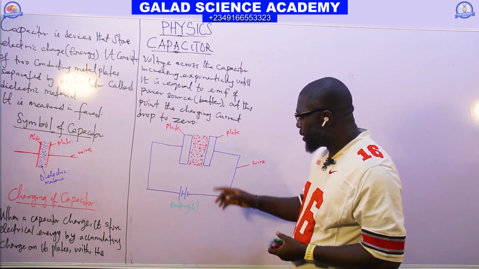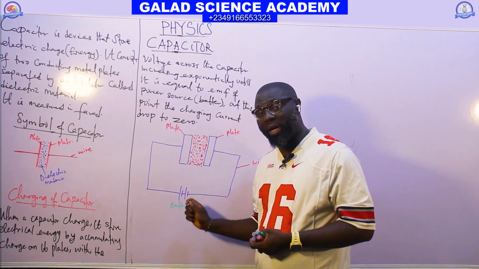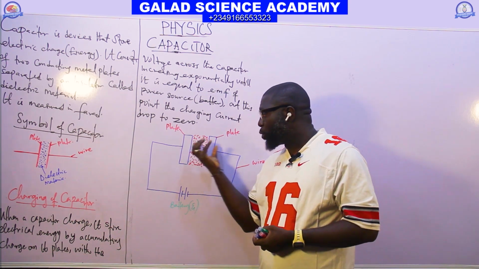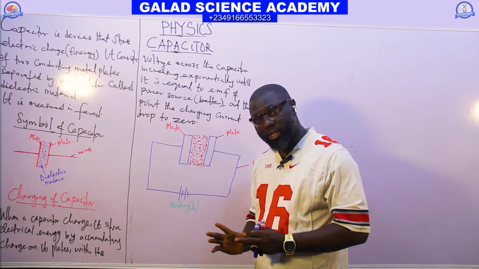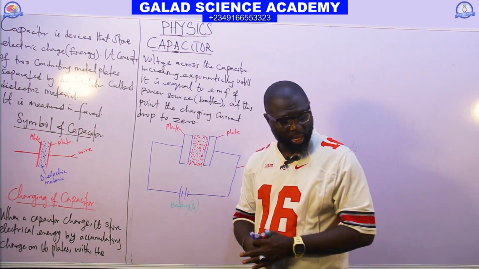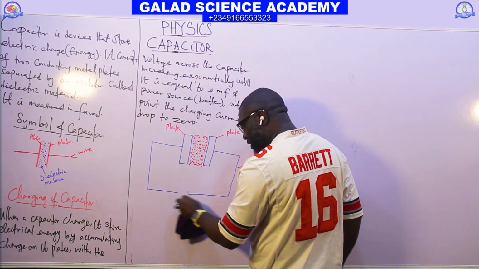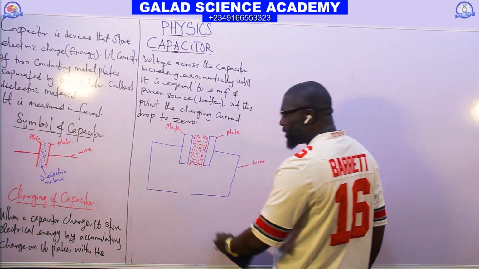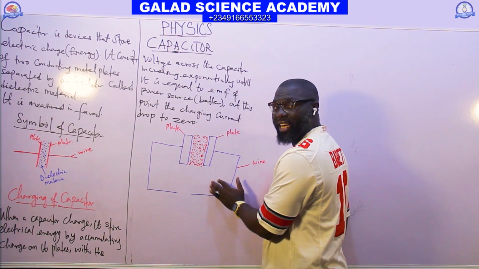Note, before the capacitor is connected to the battery, the two plates are neutral. Or let me do it this way. Let me remove the battery here. Can you see it like this? Look at the plates here. Do we have any charge here?